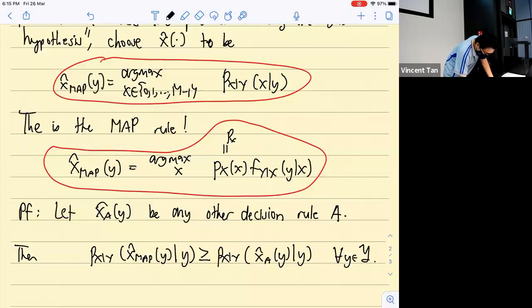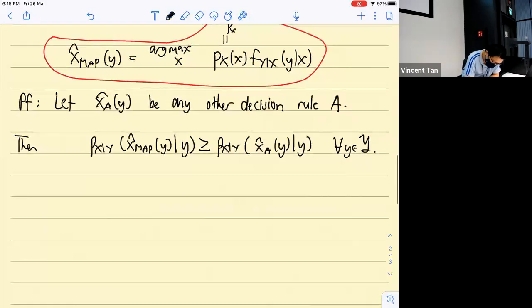Why? Because x MAP(y) maximizes this, or equivalently this. So this must be at least as large as that because it is argmax. That's the meaning of argmax, right? This is any alternative estimator or detector or decoder. So it must perform no better in this sense. We are just tracking the definition of argmax.